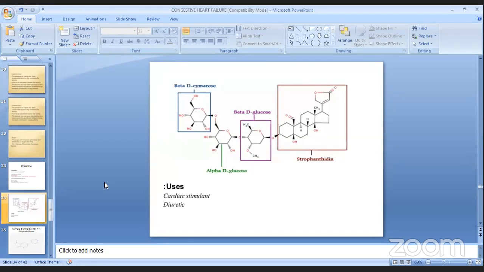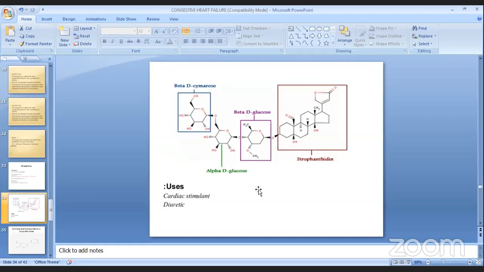Propanthidine is the active ingredient, the active part of the molecule. It is a glycone, and there are three glucose molecules. One is beta D glucose, alpha D glucose, alpha D glucose, and beta D saccharose.